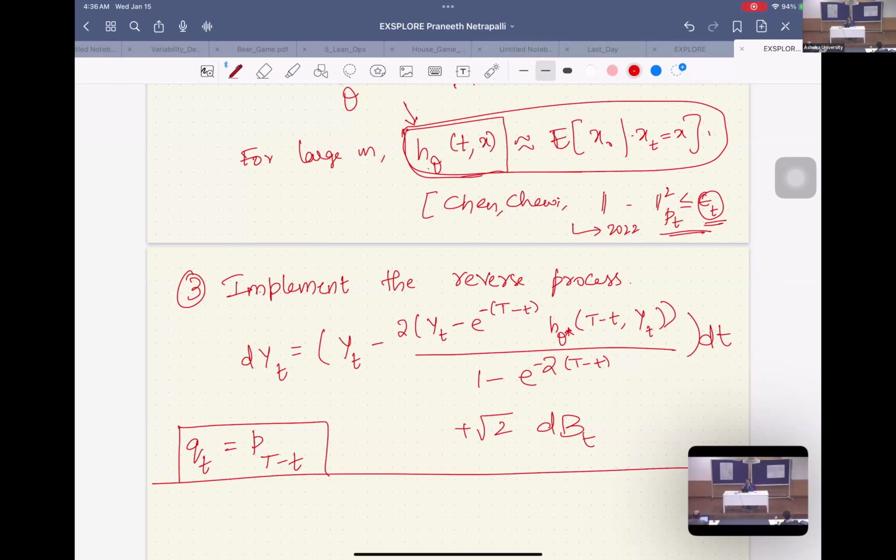For example, if we type a prompt and want an image which corresponds to that prompt, we would have another conditioning variable here, given x_t equal to x and that conditioning equal to the condition, right? So that way you can generate conditional samples.